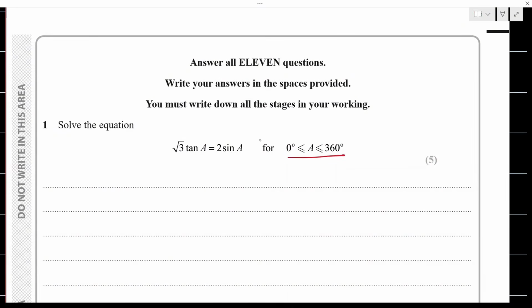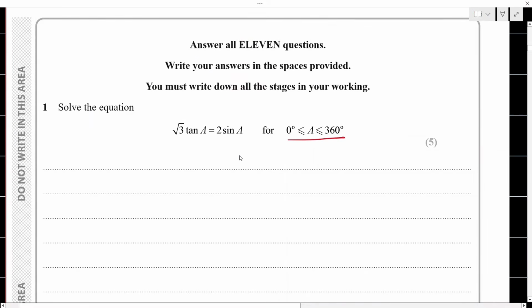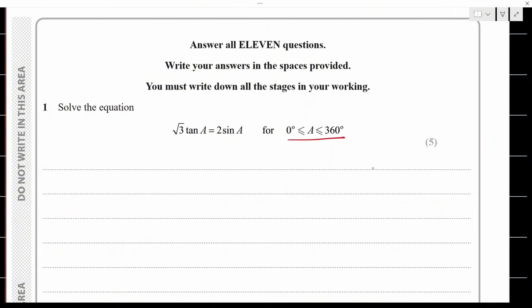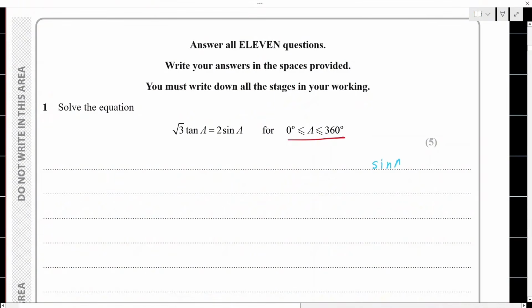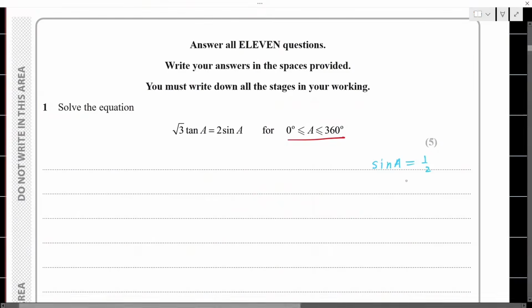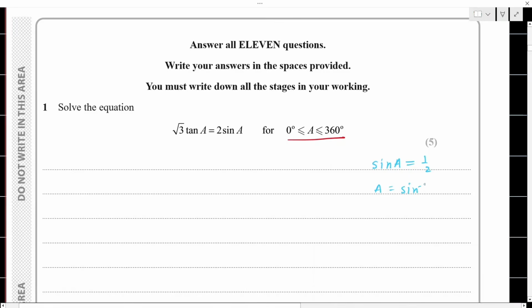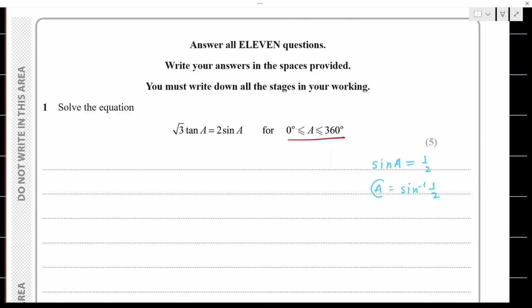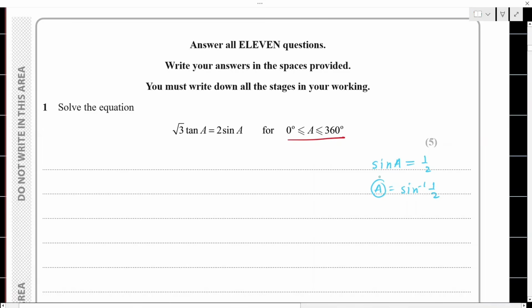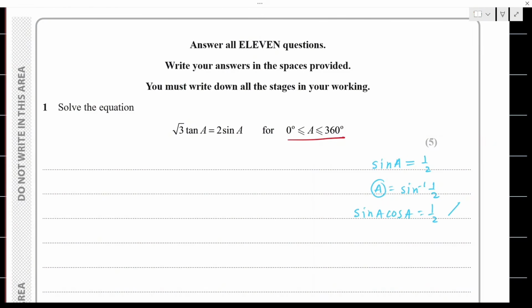In order to solve this equation, we need to bring it into a form where we can find the value of single trigonometric functions. We know that when the values of trigonometric functions are given, we can use the inverse functions to find the values of the arguments. But when multiple trigonometric functions are given, we cannot do the same.